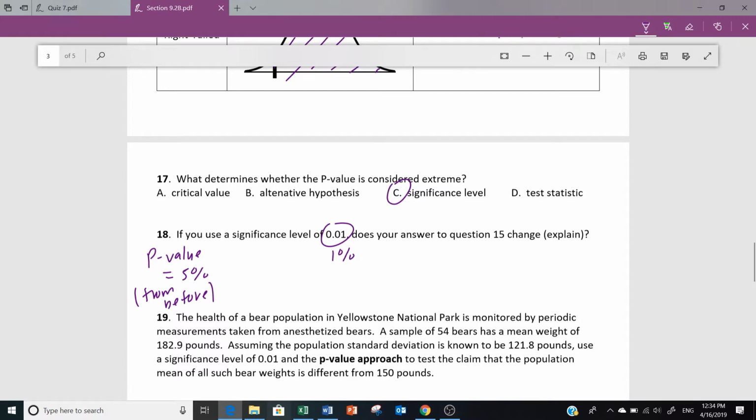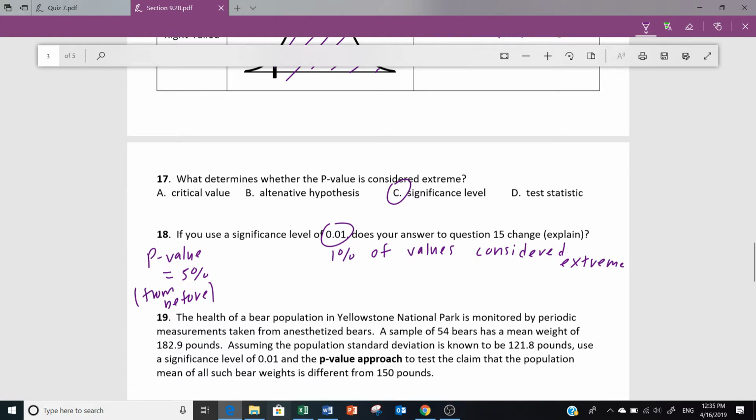Okay, think, pair, share. Significance level 1% just means 1% of values are considered extreme. So it would only be extreme if it was 1% or lower.